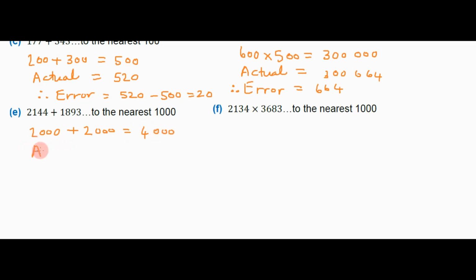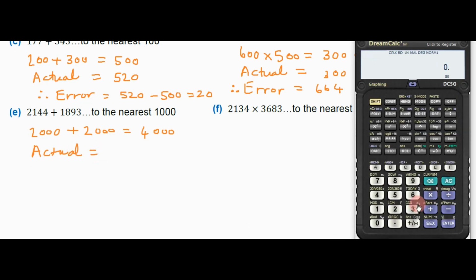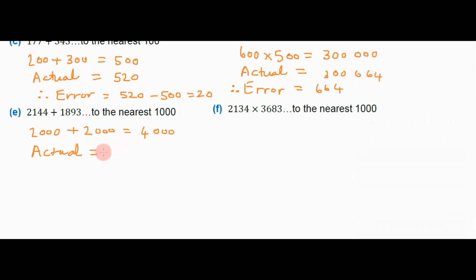Let's look at the actual. 4,037. And the error, of course, is the difference, which is 37.